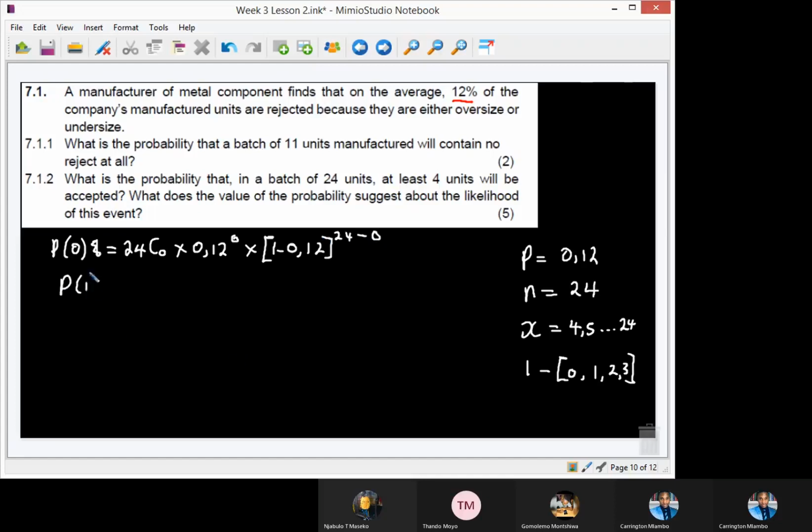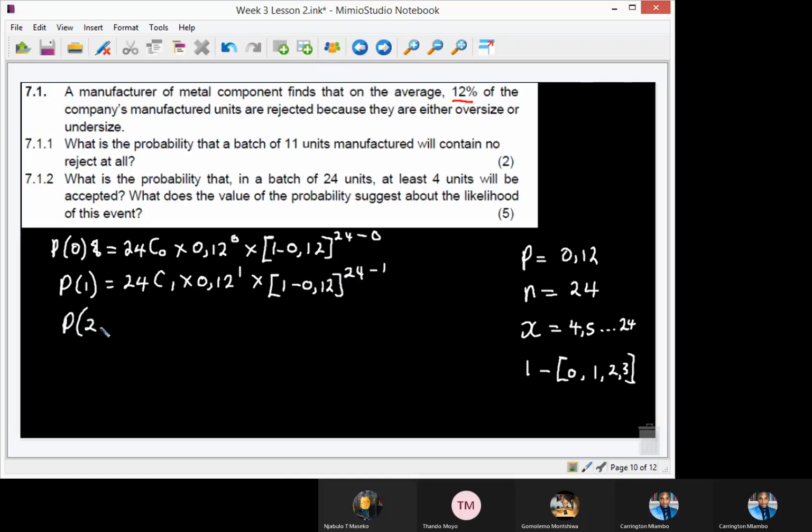Then we go for 1: 24C1 multiplied by 0.12 to the power 1 multiplied by (1 minus 0.12) to the power 24 minus 1.